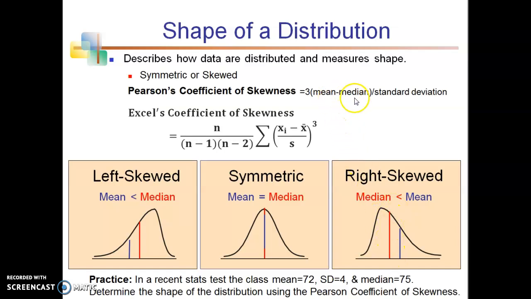And if the mean equals the median, you get a 0 in your numerator. So you get a symmetric distribution, right? A 0 is symmetric. So in essence, the Pearson coefficient of skewness tells us if we have a positive value, it's right skewed. If we have a negative value, it's left skewed. And if we have a 0, it is symmetric.